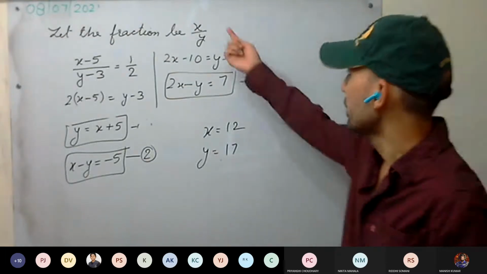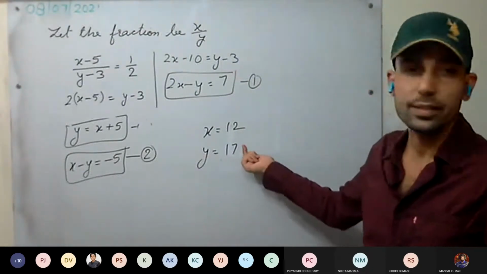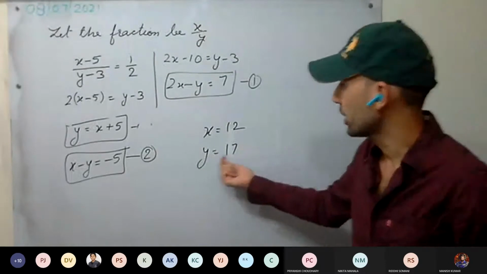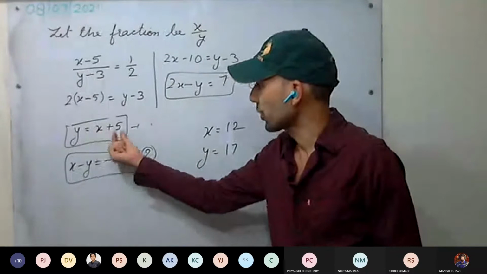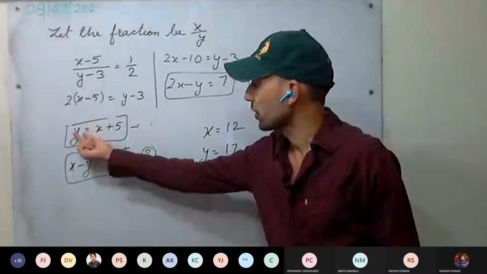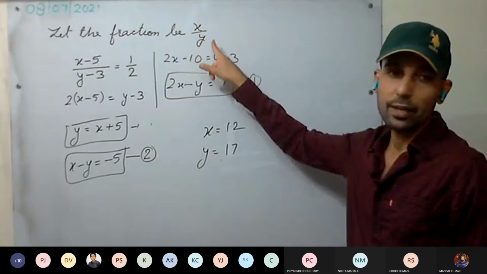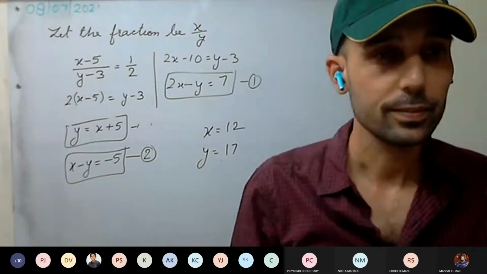So the fraction will be 12 upon 17. You can see as well the difference. 17 equal to 12 plus 5. 17 is 5 more than the 12. Okay. So the fraction is 12 upon 17. Have you all got the answer?